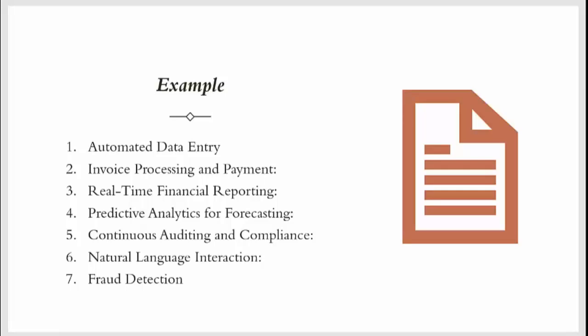The assistant quickly provides accurate answers and generates the requested reports. 7. Fraud detection. The AI system analyzes transaction patterns and detects any unusual activities that could indicate fraud. For example, if an employee tries to make an unauthorized payment, the system flags it for further investigation.